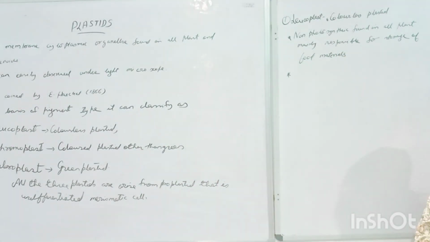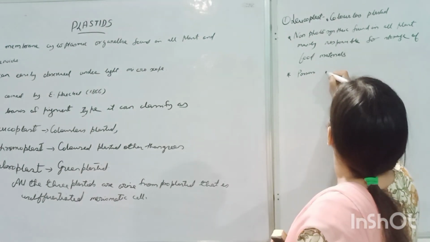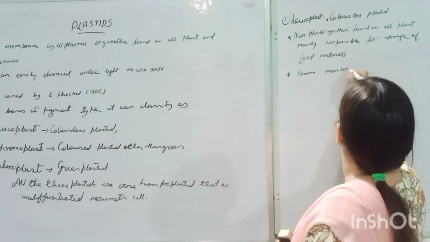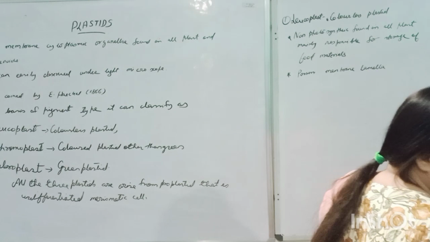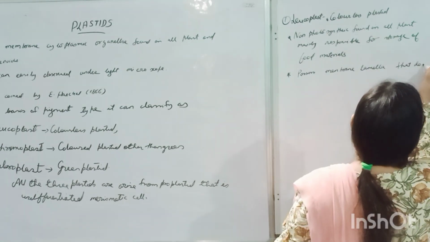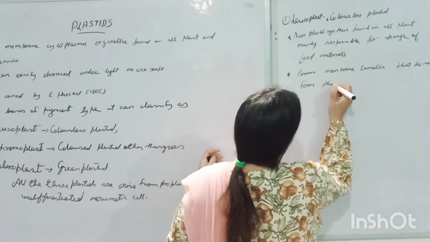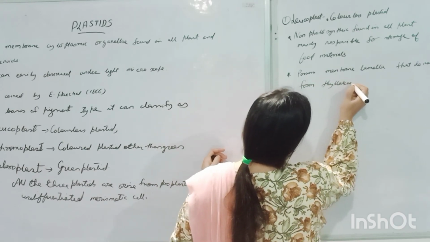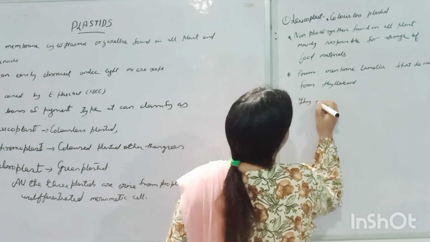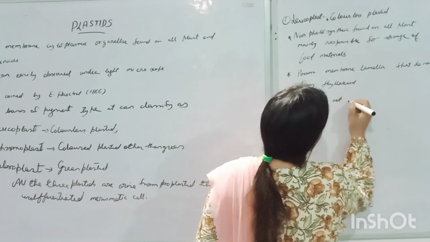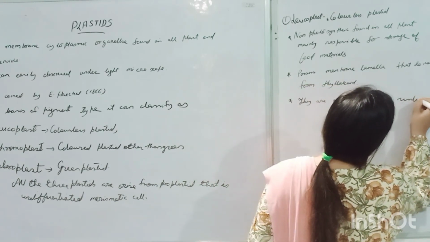It possesses membrane lamella that do not form thylakoid. They are not exposed to sunlight.